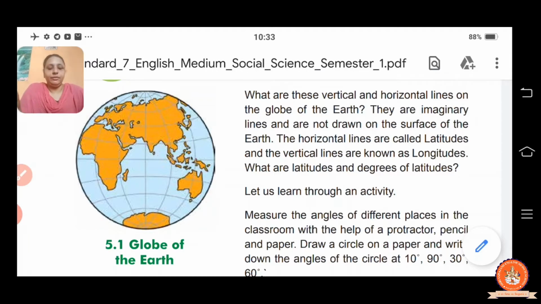There is also the 180 degree longitude, which is known as the International Date Line. The biggest time clock in the sky is the sun, because from the sun we can know what the time will be.